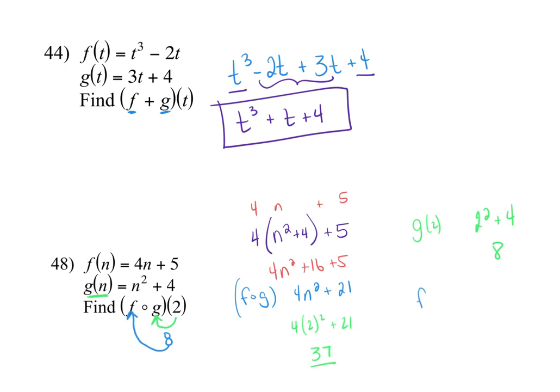So my f function, when I plug in an 8, is 4 times 8 plus 5. That's 32 plus 5, which is 37, which is the same answer when I did it that way. So when you have a number, you can do it two ways. You can plug the function in and then plug the number in, or you can plug the number into the function and that answer into the first function. Whichever way, you will get the same answer.